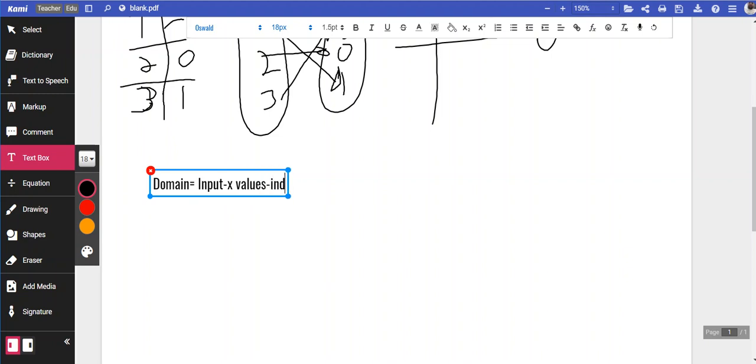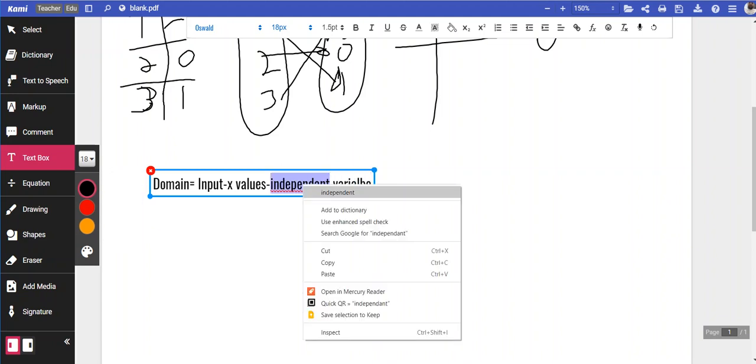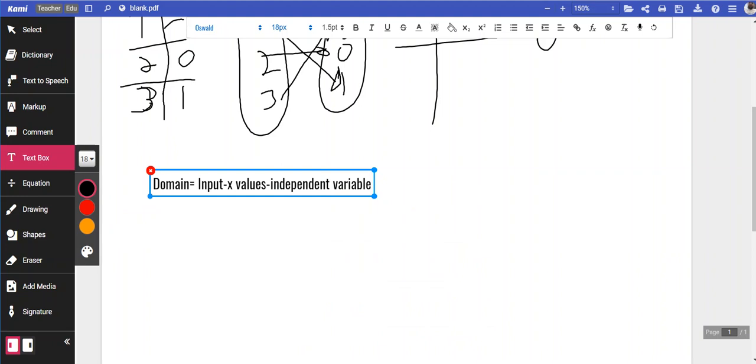Some people call it the independent variable. That's domain. It's the set of all x's, all inputs.